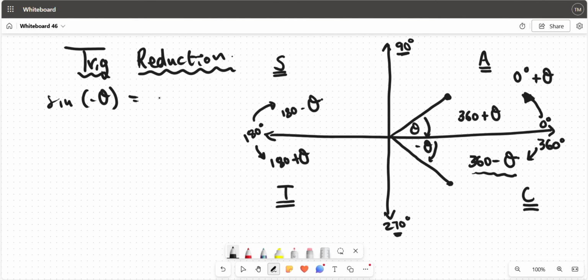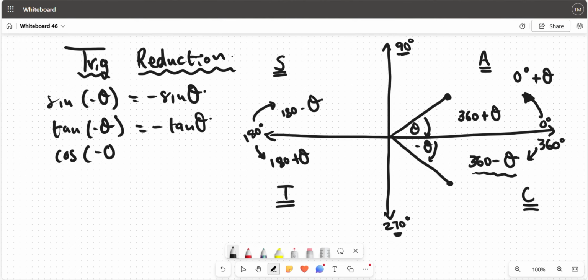If I have a tan of negative theta, it will put me in that quadrant, and since tan in that quadrant is negative, it will stay as a negative tan ratio. But if I have a cos of negative theta, then this will be a positive cos theta. So these are called negative angles. Again, you need to be familiar with how you reduce for negative angles.